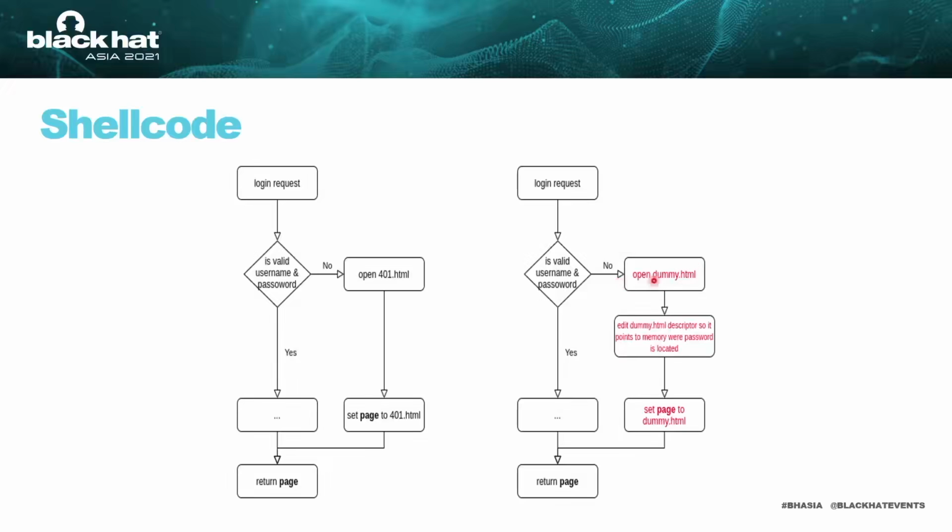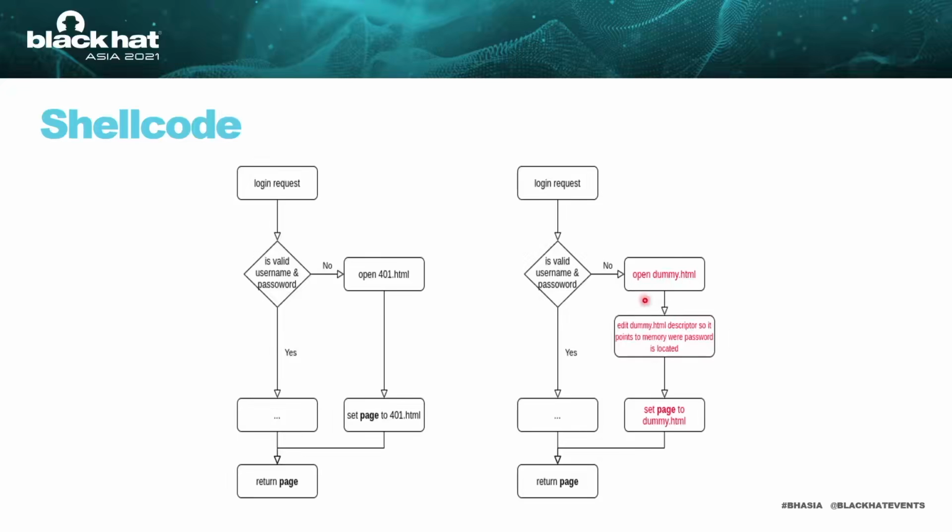So every HTML page, every page that you open with the fs_open function, actually returns a descriptor which says, okay, that's the file name, that's where the data is, that's the length of the data, and so on.